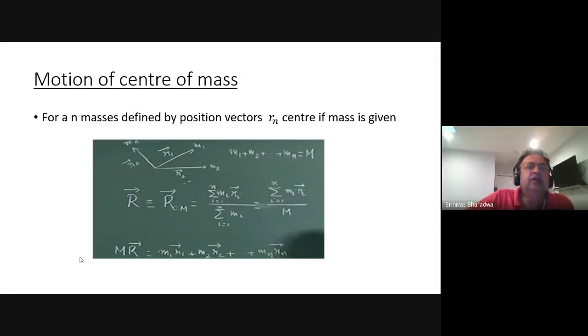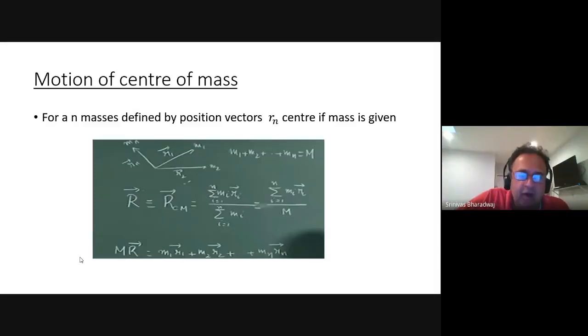Now if you differentiate both these sides, what are you saying, right? You're saying that the center of mass itself, let's say each of the bodies is moving, like in the carom board, right? The center of mass of all the bodies taken together also is going to experience Newton's first law. The center of mass of the whole system of bodies is also going to experience Newton's first law. And if there is no external force, the momentum is going to be conserved, right?